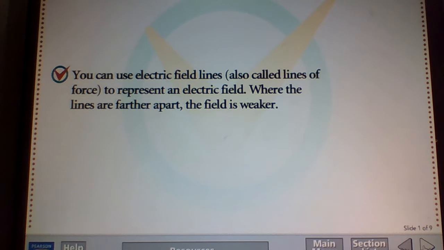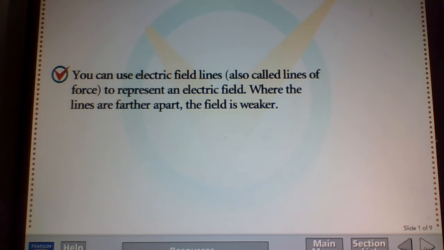And again, the best way to do it is with your little vector arrows that represent both direction and magnitude. Direction, which way is the arrow pointing? Magnitude, how long is the line or how far apart is it from other lines.